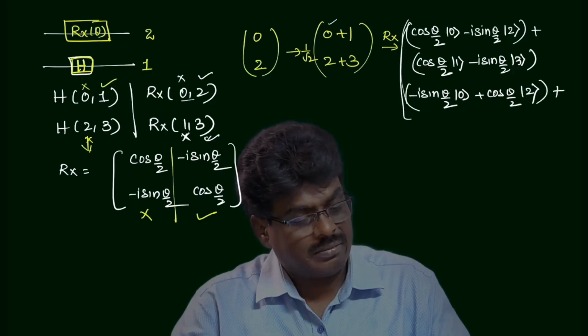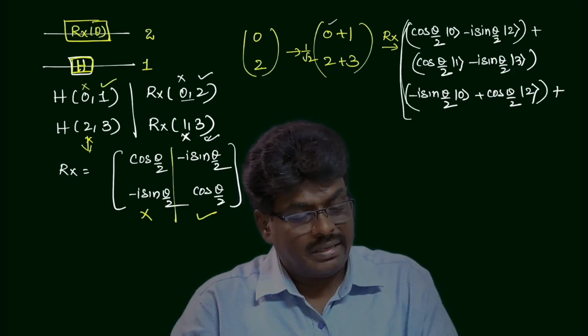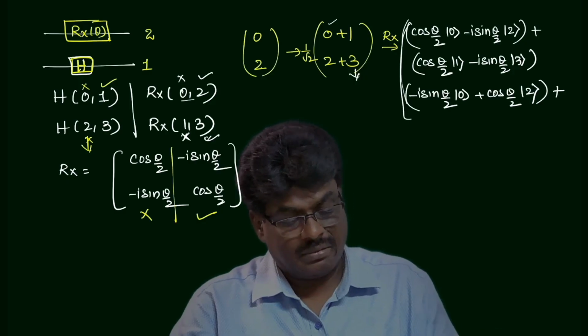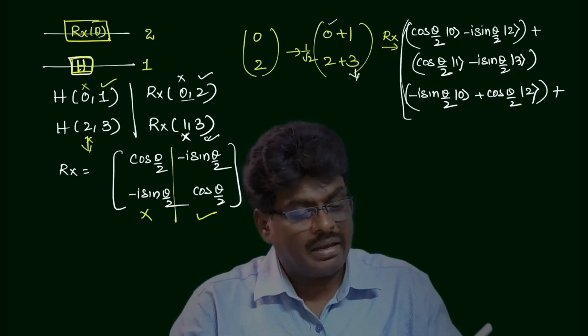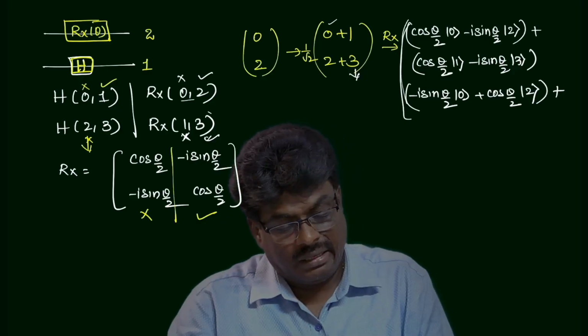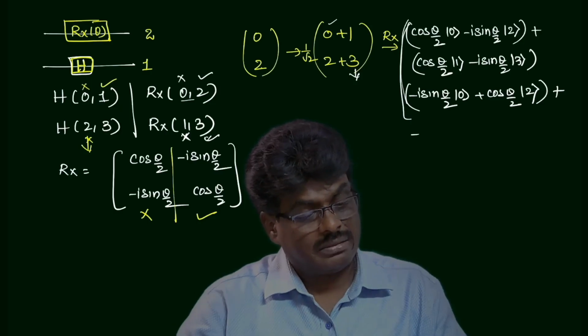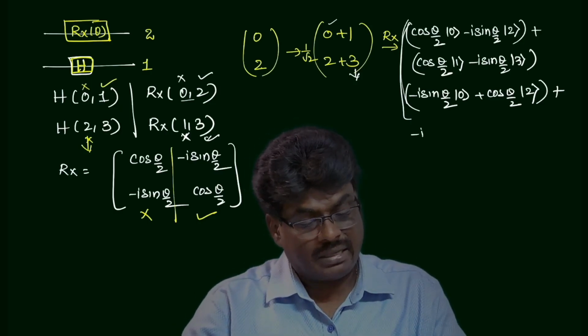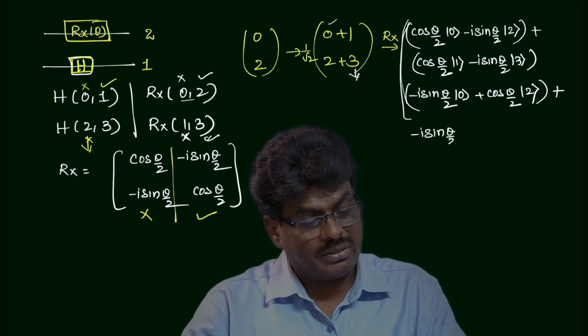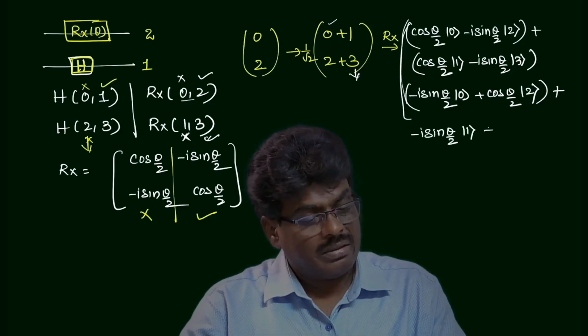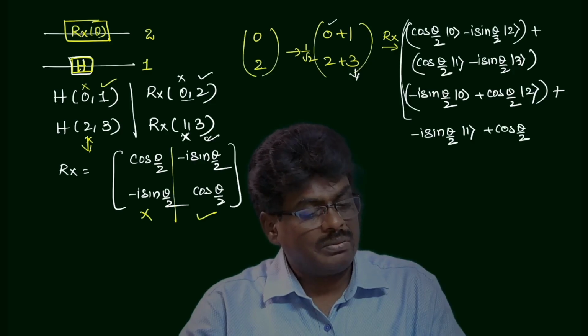And the next one 3, you have to use the second column, but 3 creates a superposition of 1 and 3: minus i sin theta by 2 1 plus cos theta by 2 3.